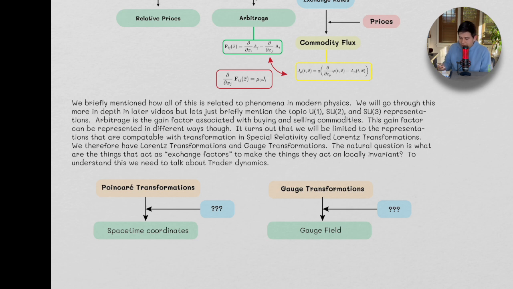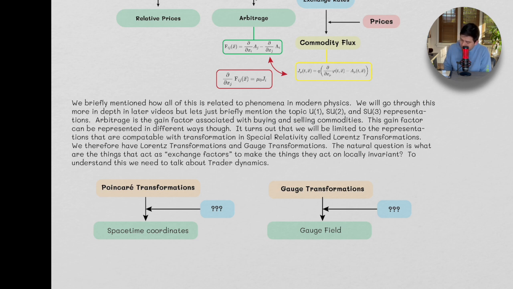So arbitrage is the gain factor associated with buying and selling commodities, as we've talked about in recent videos. This gain factor can be represented in different ways, though. It turns out that we will be limited to representations that are compatible with transformations in special relativity, called Lorentz transformations.